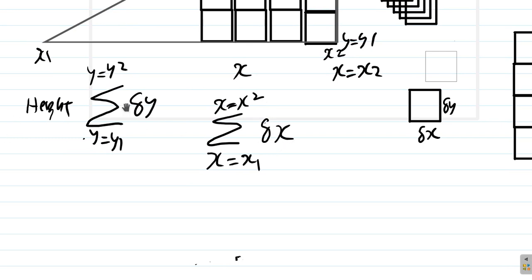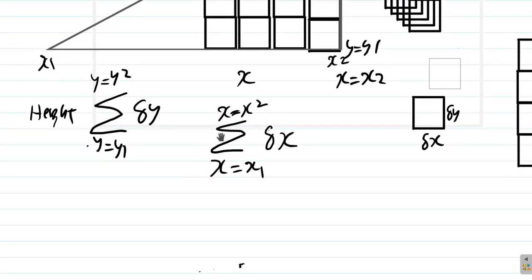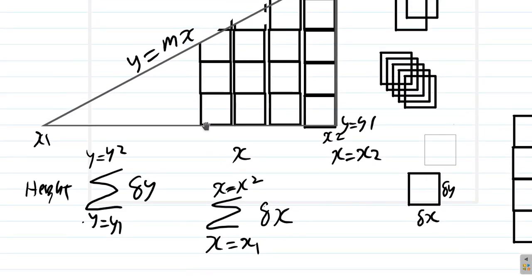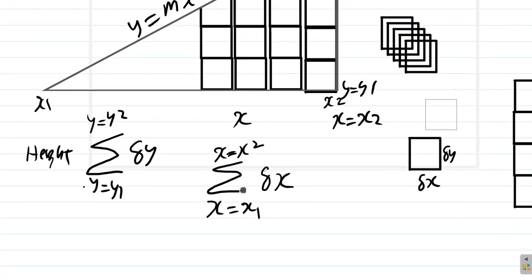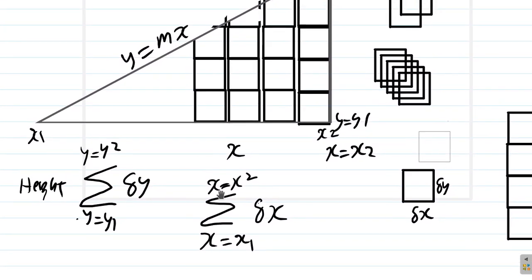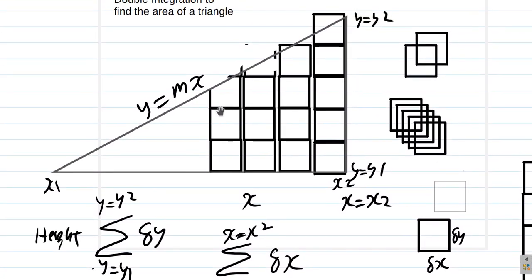Now, you know, half base times height is the area of a triangle, but we're not going to consider that right now. What we're doing is considering what y2 is. That's interesting.